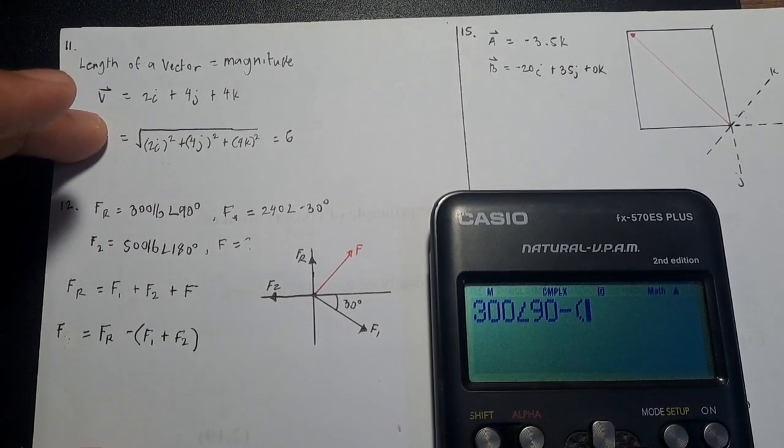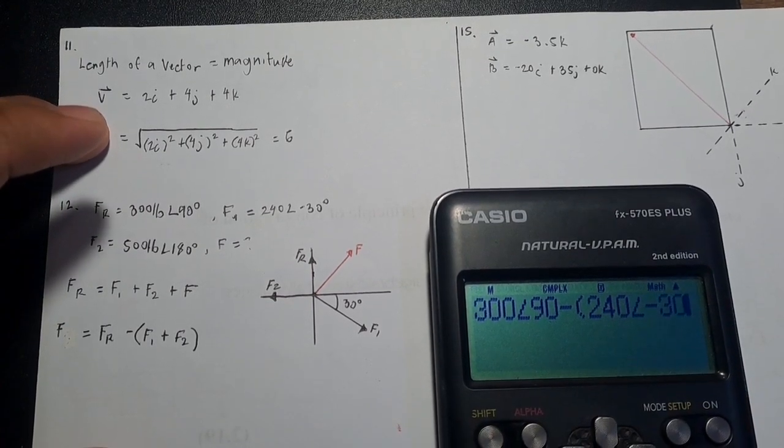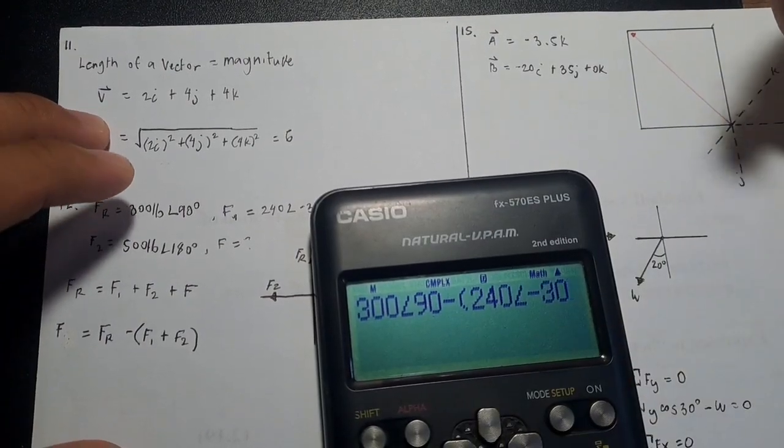Quantity, ang F1 mo is 240, angle negative 30, or okay, either negative 30 ang ilagay mo or 330.